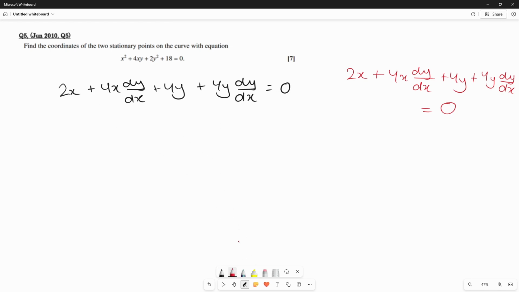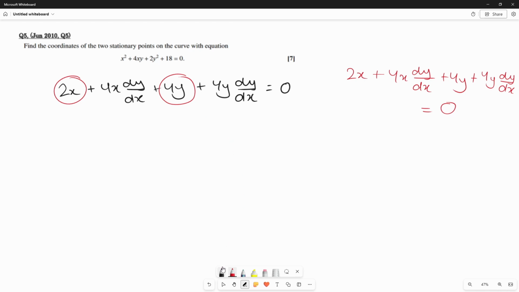So I'm going to minus the 4y and the 2x because now we're going to try and isolate the dy by dx. So we have a function for the derivative of this curve, and with that derivative we can find the stationary points of the curve.